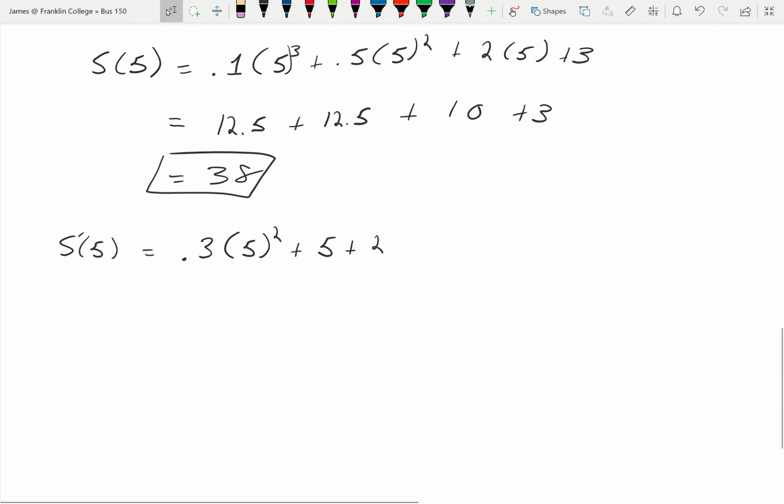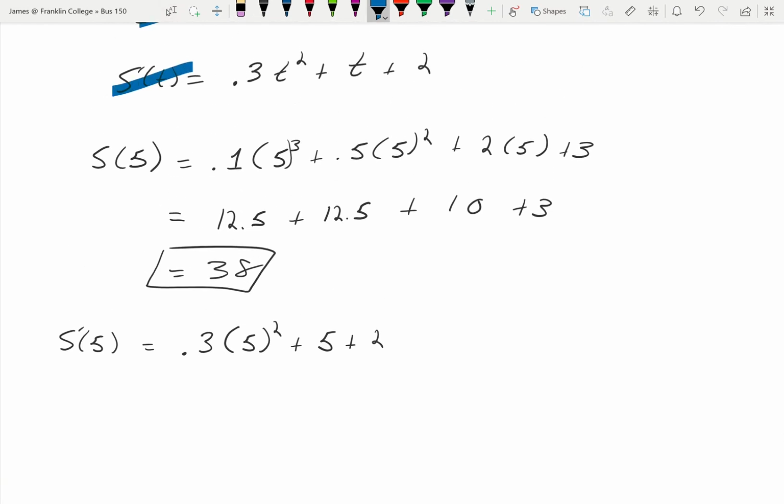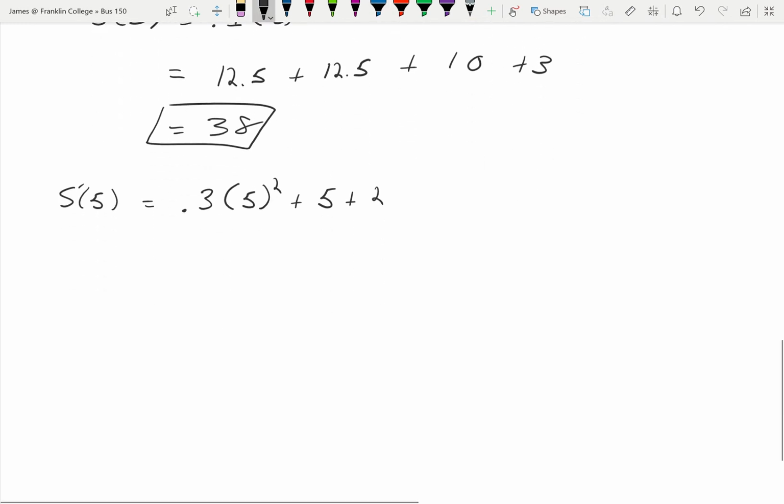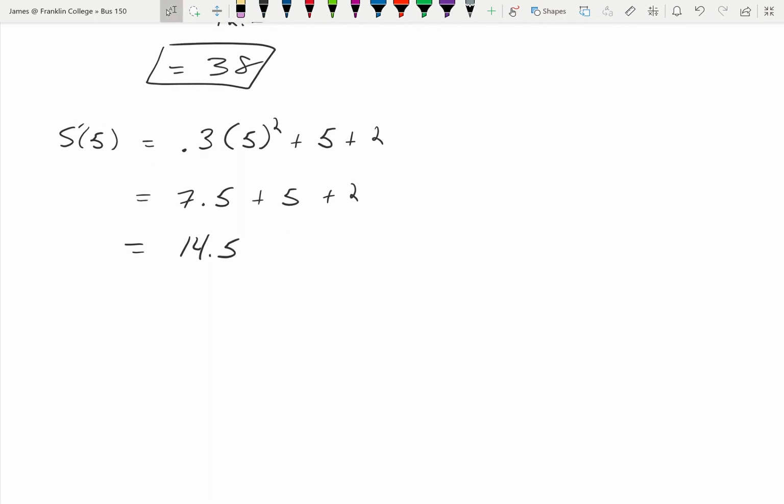And I got that by plugging 5 in for that s prime of t equation. And we are going to get 7.5 plus 5 plus 2 equals 14.5. That is what s prime of 5 equals.